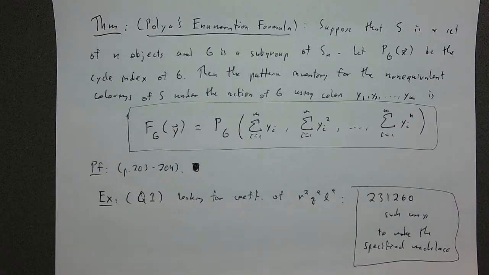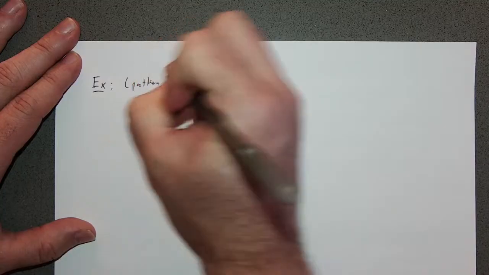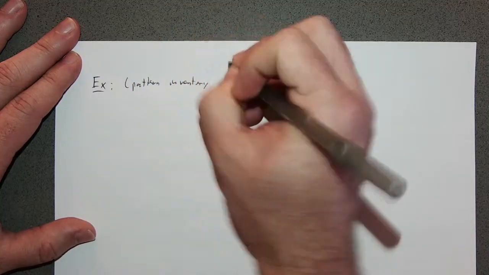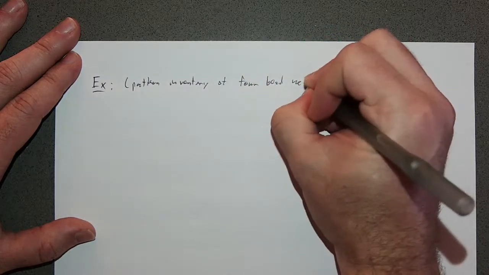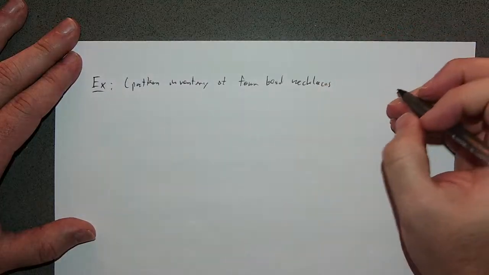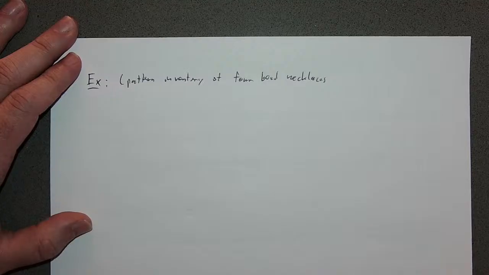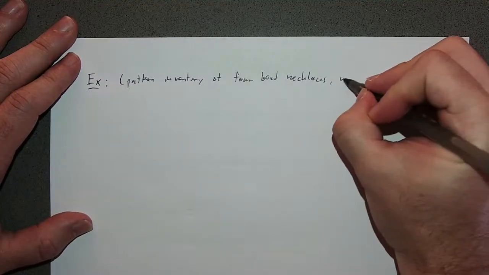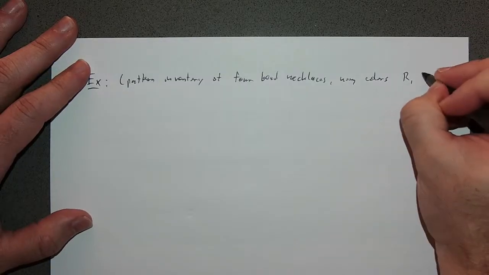Let's see for smaller examples how this actually works. So let's do the pattern inventory of 4 bead necklaces, using colors red, green, and blue.